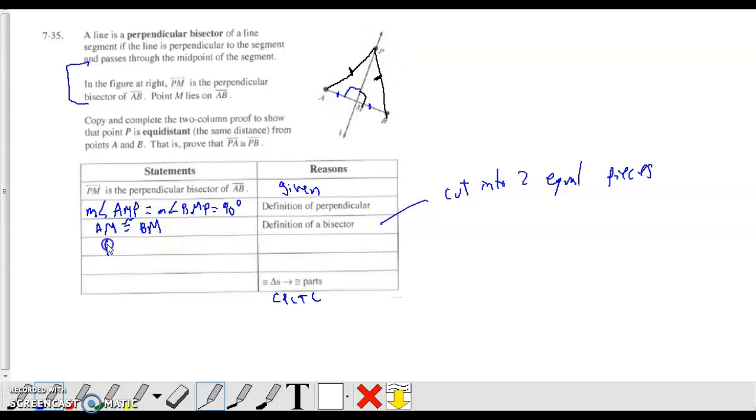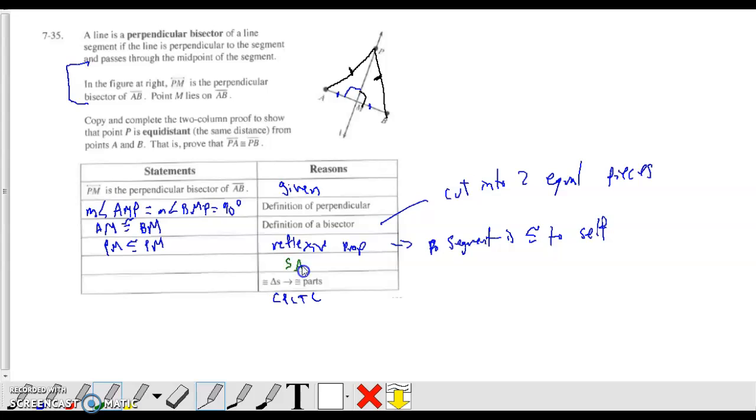So let's say that PM is congruent to PM, right? This is your reflexive property, or aka segment is congruent to self. And so we just found out we have a side angle side.